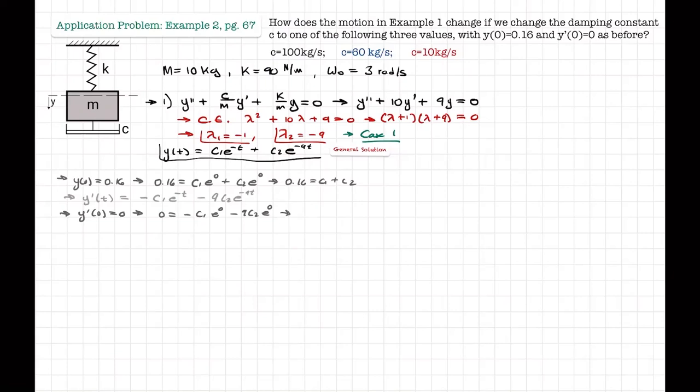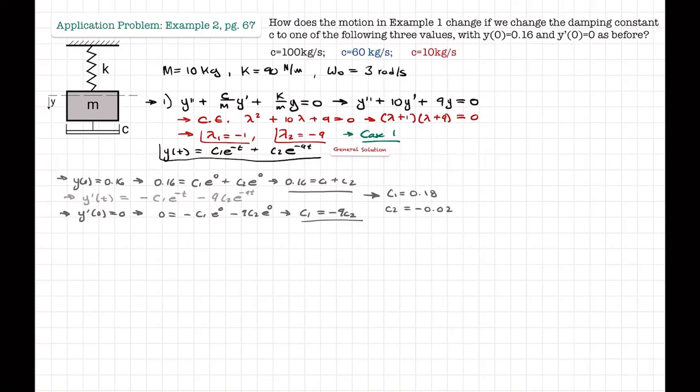From here, C1 is equal to negative 9 C2. Solving these two equations, you can use any method, and we get C1 equals 0.18 and C2 equals negative 0.02.